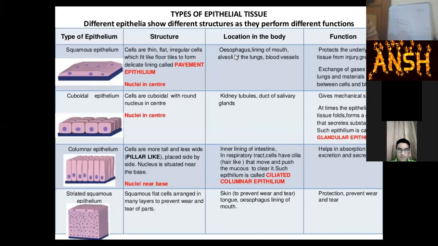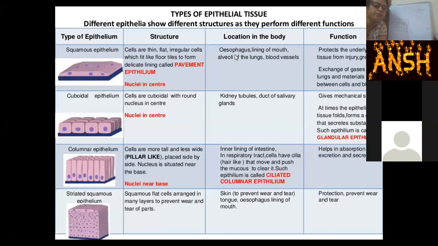The function of ciliated columnar epithelia is that it helps in the movement of mucus. It gives mechanical support, not only mechanical support, it helps in absorption, it helps in excretion, and it also helps in the movement of the substances.